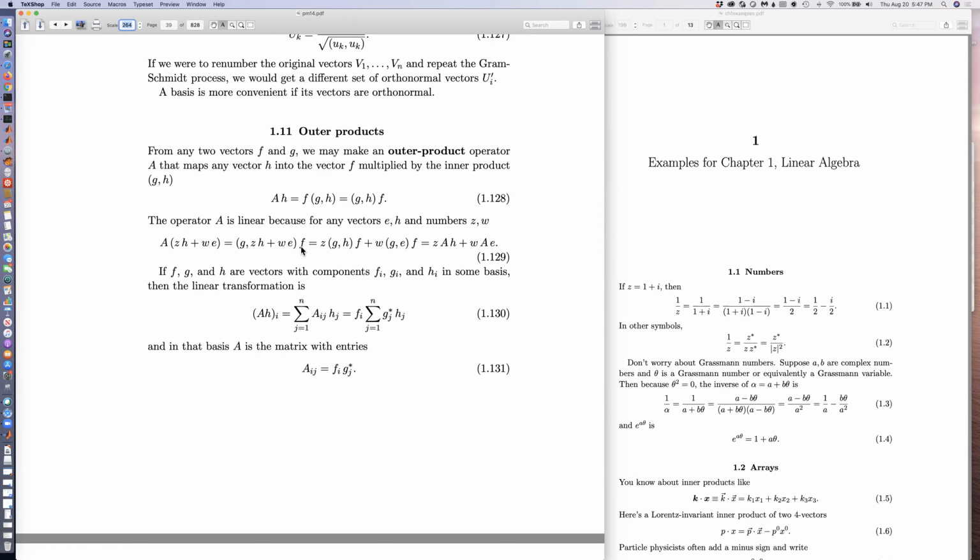And then because inner products are linear on the right element, we get this expression here, and that we can rewrite as zAh plus wAe. And that, of course, is the definition of a linear operator. A linear operator is an operator such that on the sum of two vectors gives you the number times its action on one vector plus the second number times the action on the second vector. So that's what we mean by a linear operator.